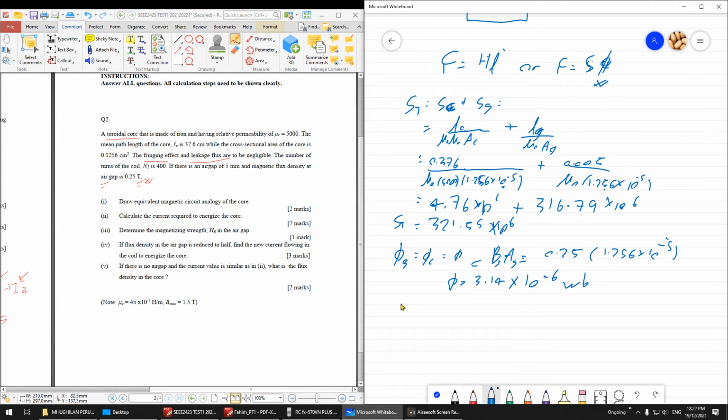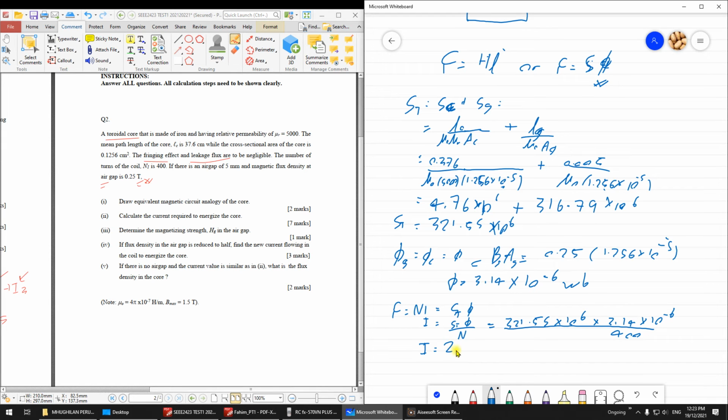Now F equals N I equals S flux, S total and flux. So I equals S total times flux divided by number of turns. So 1.55 multiplied by 10 to the power of 6, multiplied by 3.14 multiplied by 10 to the negative 6, and number of turns is 400.